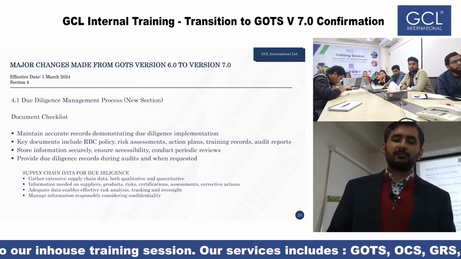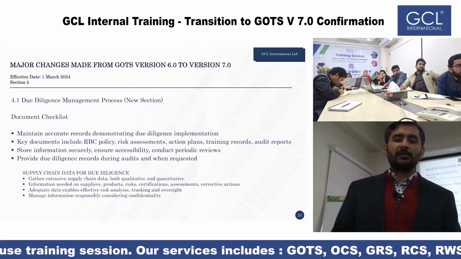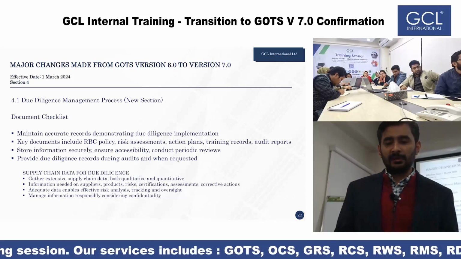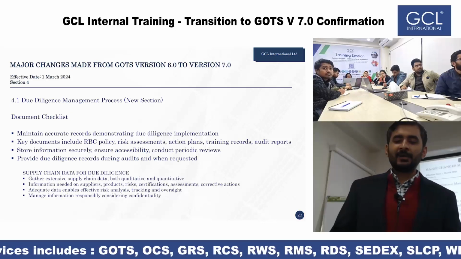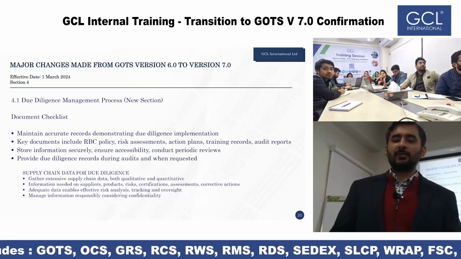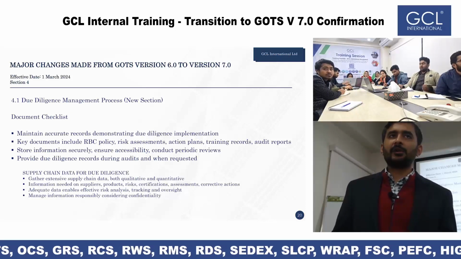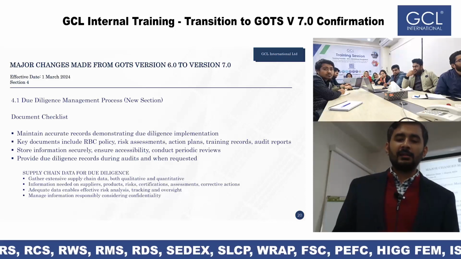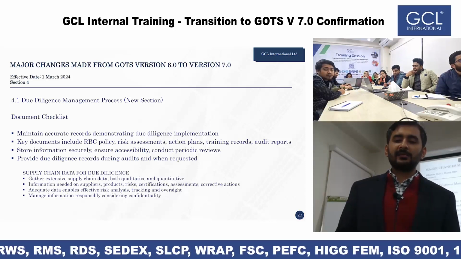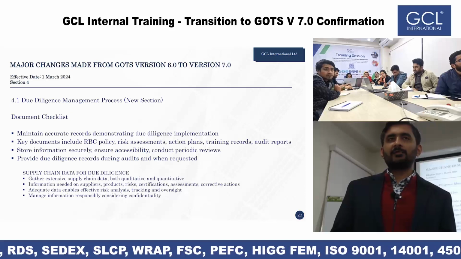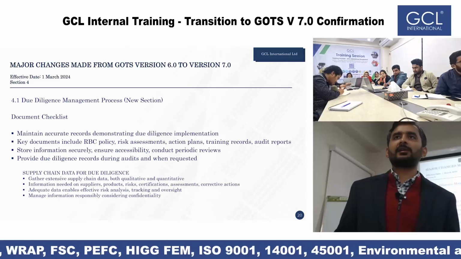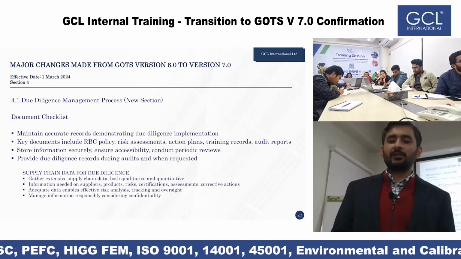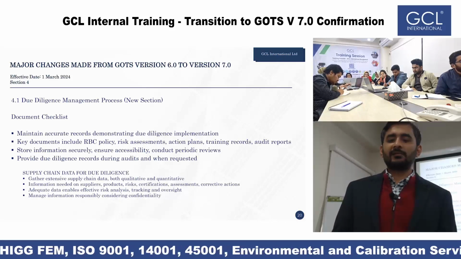Maybe you can go through and raise your question if you have any, but I can just check what documentation they need. They obviously should have a policy, and that policy should demonstrate that they have included all the due diligence criteria in their management system. Then they should have a system of conducting risk assessment. Why do they need to conduct risk assessment? For step 2, identification of actual or potential adverse impact.